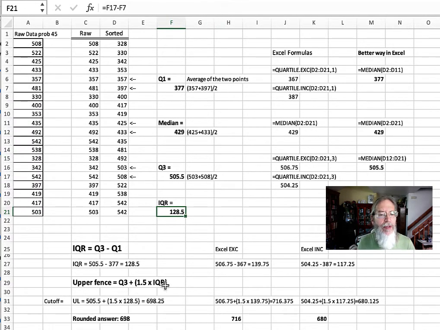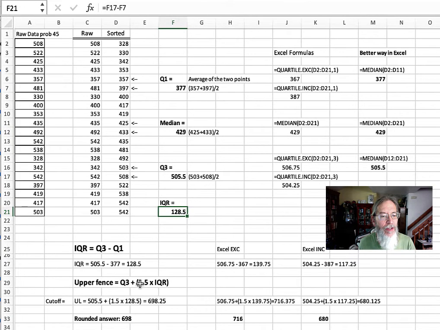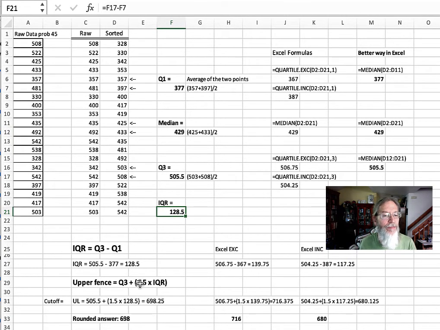I put in these parentheses because a common mistake I see by students is they will add Q3 plus 1.5 and then multiply by the IQR, which is wrong. You will see it does not lie in the correct position. So use these parentheses, particularly if you're doing it on a calculator. I did that, and I got 698.25. So rounding the answer gives 698, which was the correct answer.